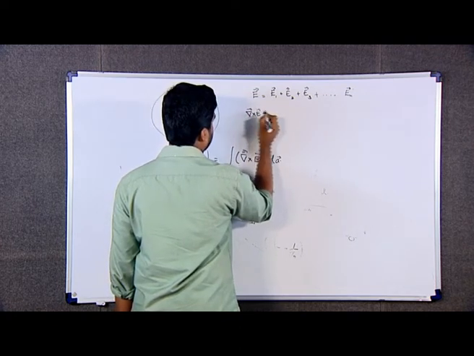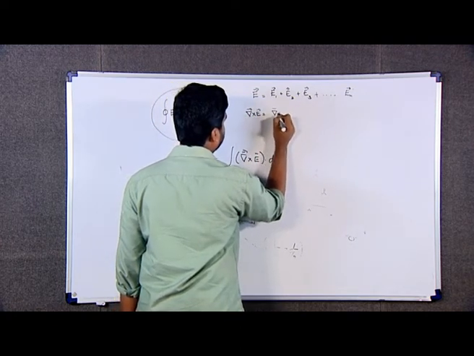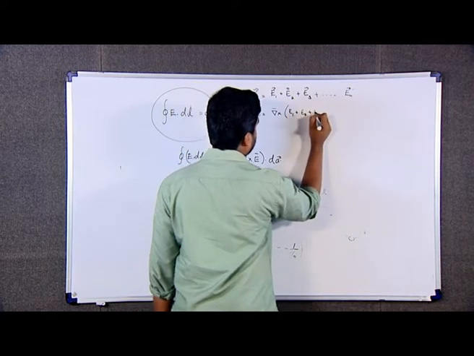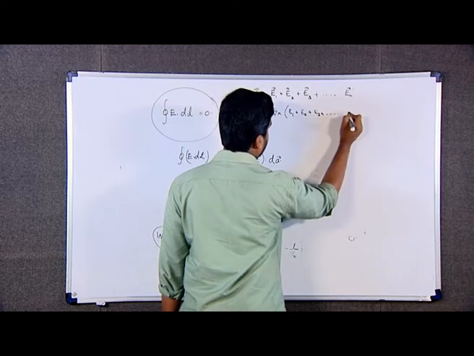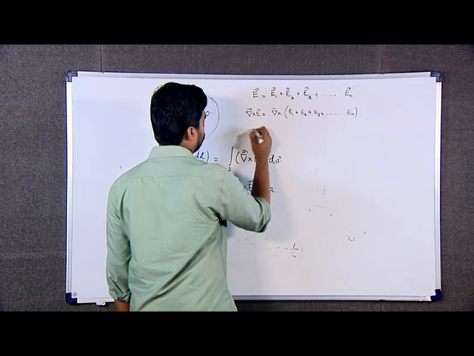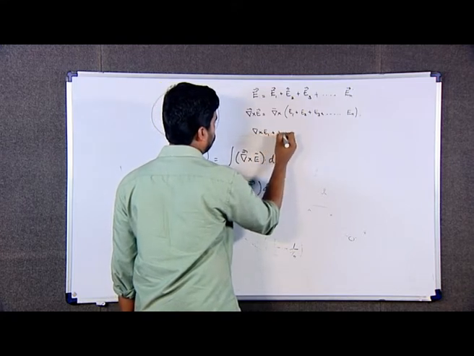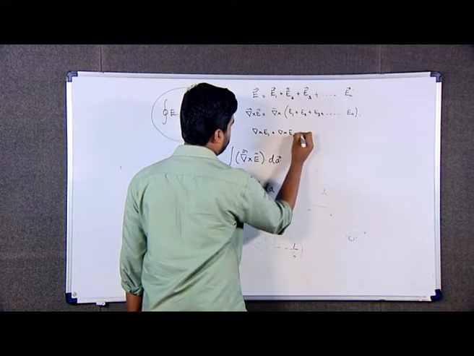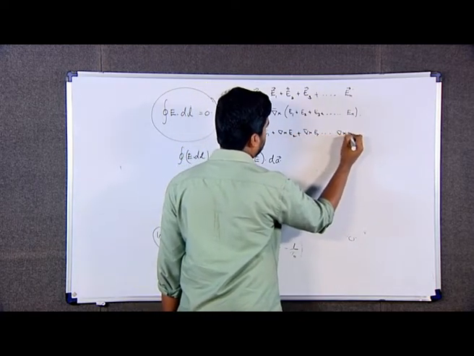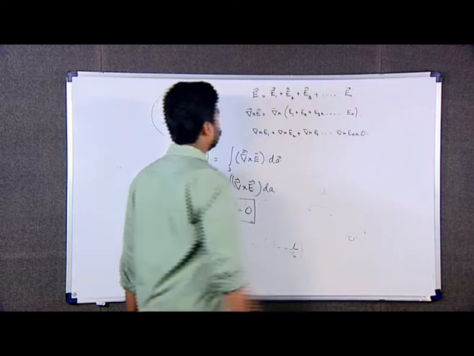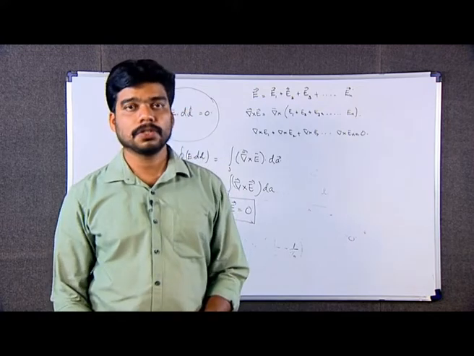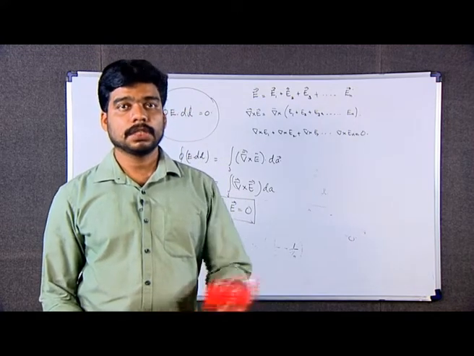Del cross E is equal to del cross of (E1 plus E2 plus E3 up to En), which is equal to del cross of E1 plus del cross of E2 plus del cross of E3 up to del cross of En, which is equal to 0. That means del cross E is equal to 0, as we have proved just now.